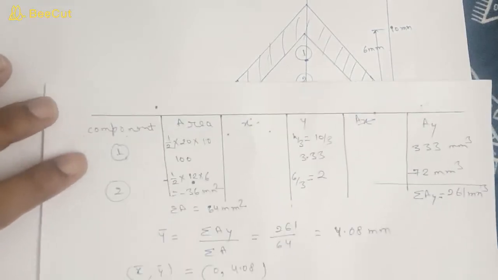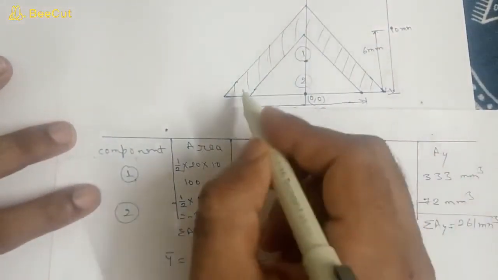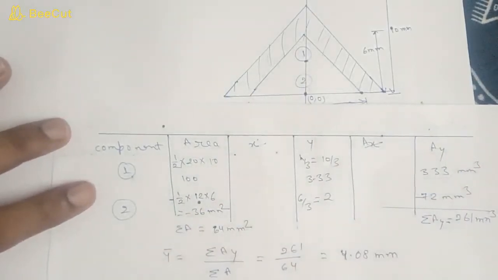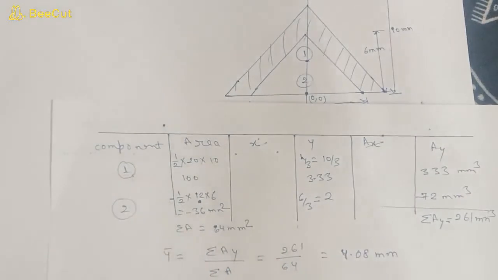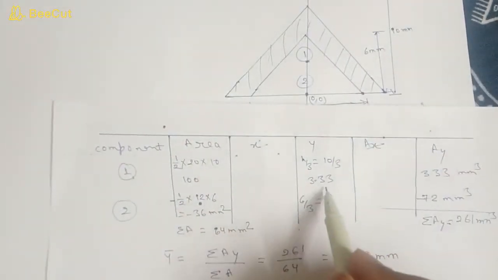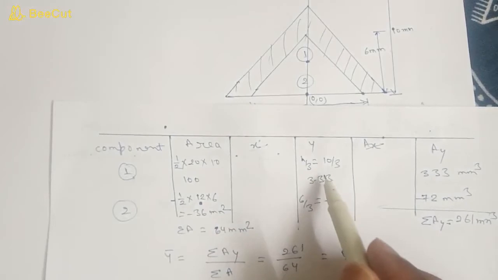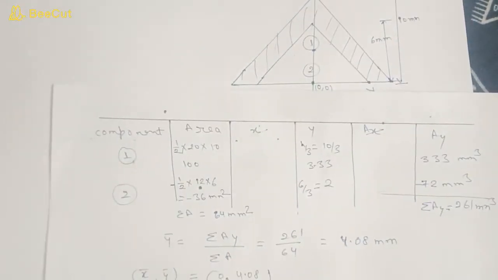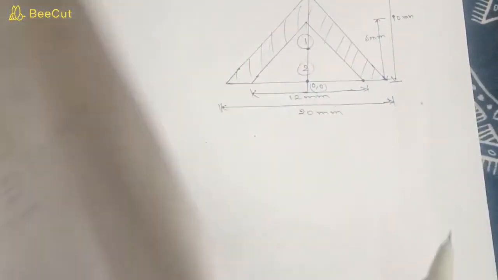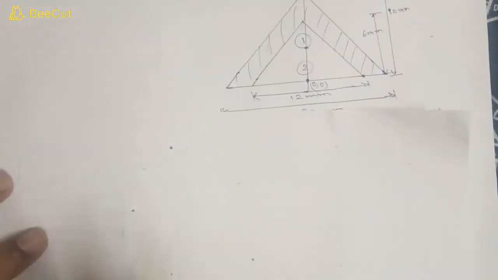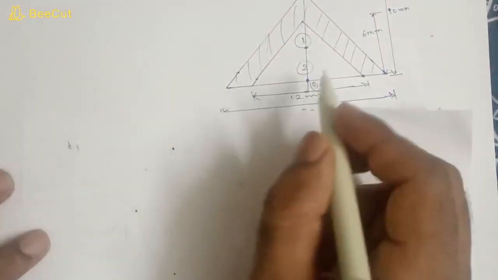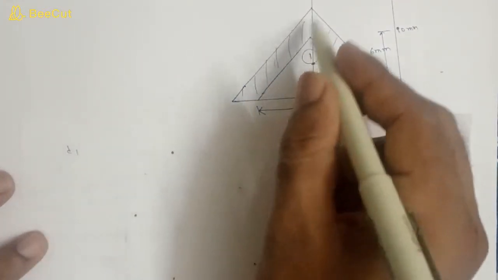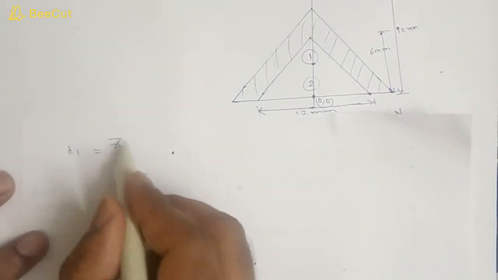Now we will calculate the distance of the centroid of the whole shape from the centroids of the individual shapes. You know that for the larger triangle the y coordinate of the centroid is 3.33. If d1 is the distance of the centroid of this whole shape from the centroid of this larger triangle, then d1 is equal to y bar minus y1.